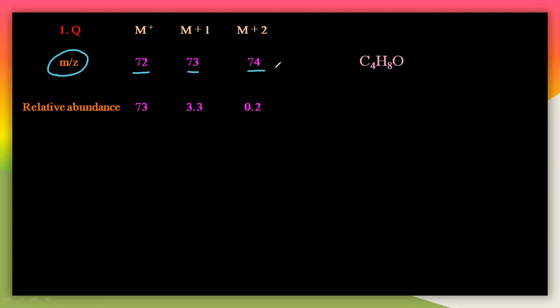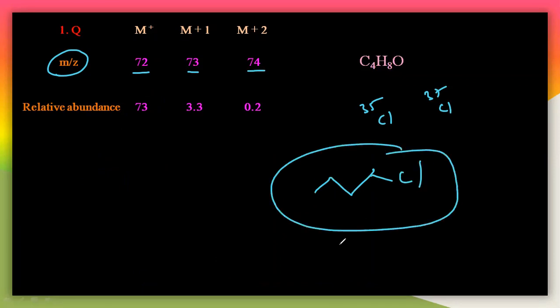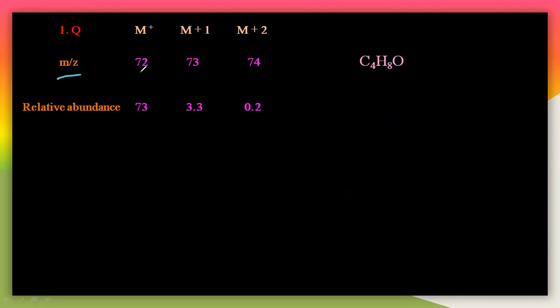That means the total sample, if you take chlorine-35 and chlorine-37, if it is included like this, the total may be 72, 73, and 74, the M/Z values like this. These are the M/Z values, nothing but the mass values here.